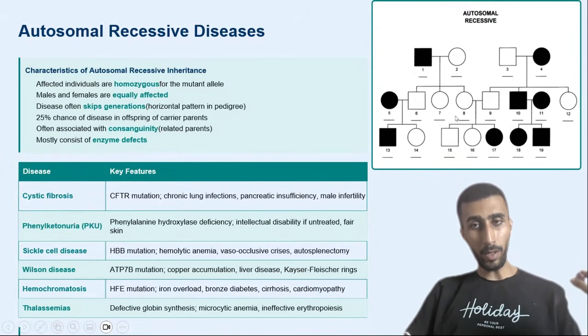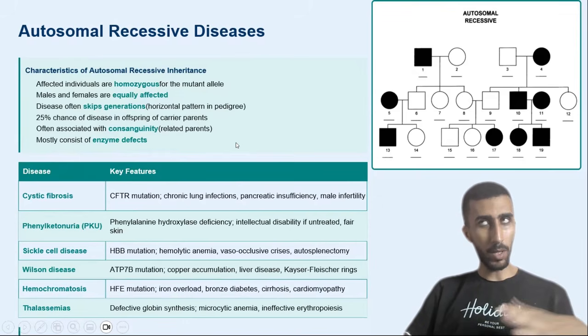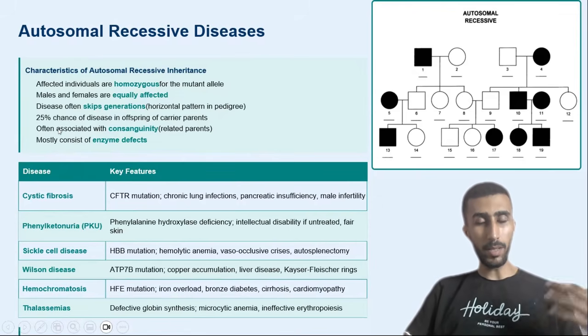The alleles were there, but they were dormant. So it often skips generations, and the parents don't need to be diseased for an individual to have the disease. There is an increased risk of autosomal recessive disease with consanguinity, so marriage between related parents increases the autosomal recessive diseases.